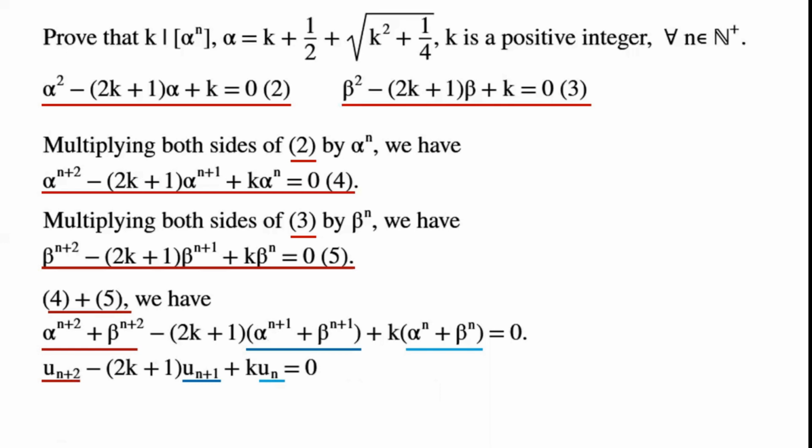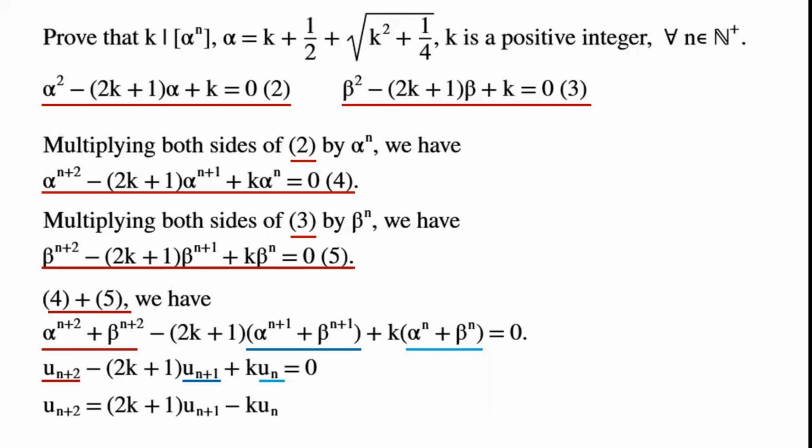Alpha to the power of n plus 2 plus beta to the power of n plus 2 equals un plus 2. Alpha to the power of n plus 1 plus beta to the power of n plus 1 equals un plus 1. Alpha to the power of n plus beta to the power of n equals un.